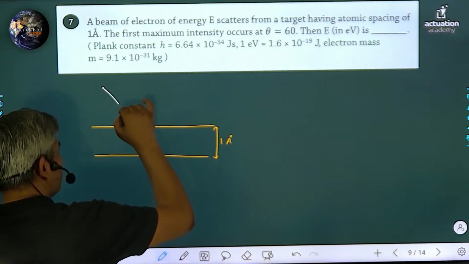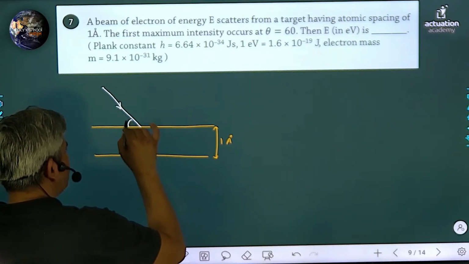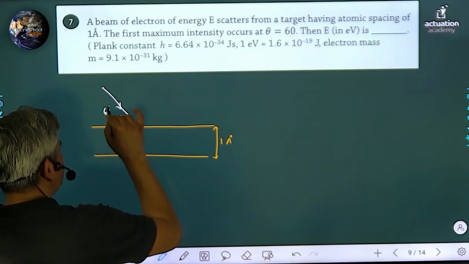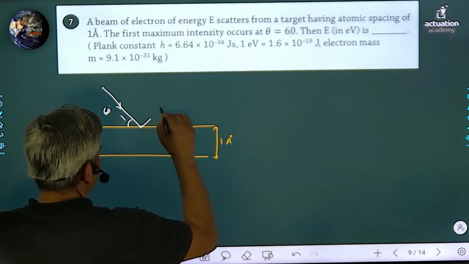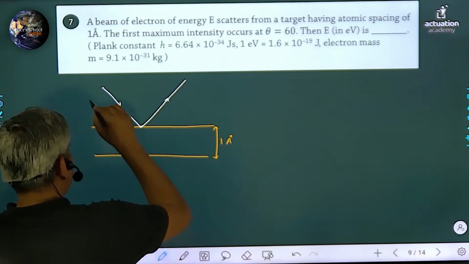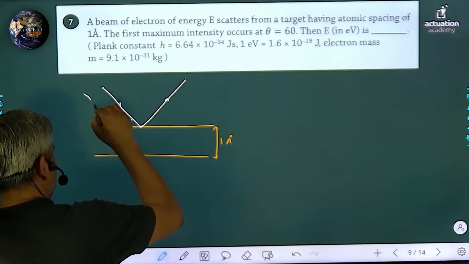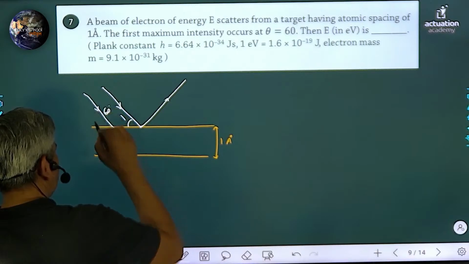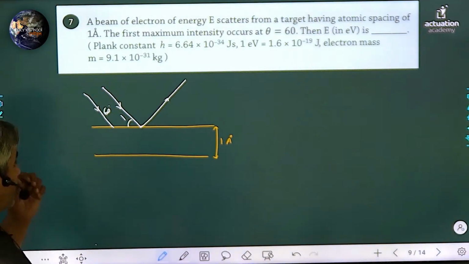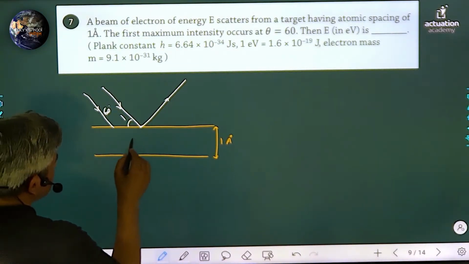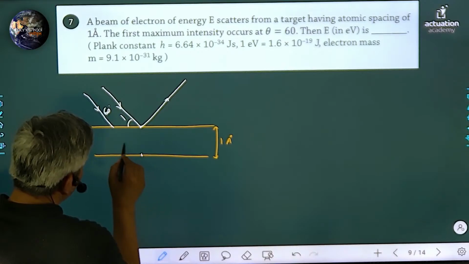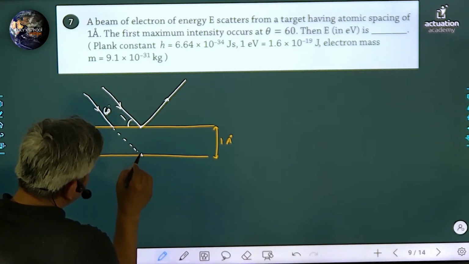So let's say these are the particles which are striking the atom, and let's say this is the angle, 60 degree. Now these particles will go there. Similarly, let's say there is another ray of particles coming here, so that will strike this point.